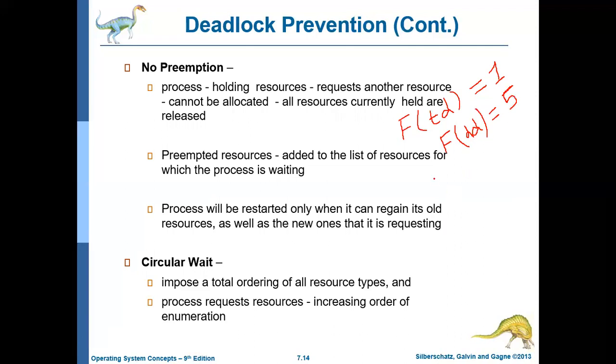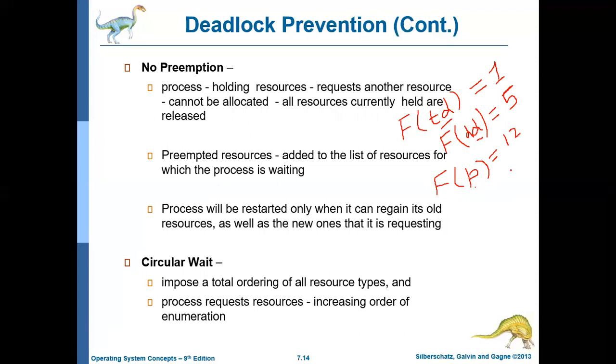And then say f of p, which means printer. f of p is 12, which means my system has 12 printers. The system I am using has these resources: tape drives 1, disk drives 5, and printers 12.